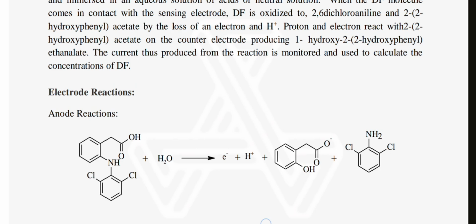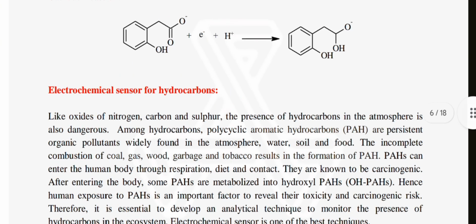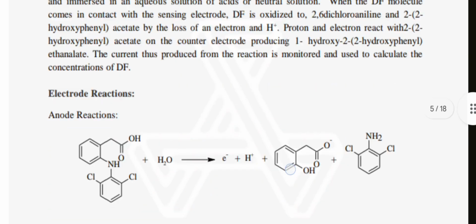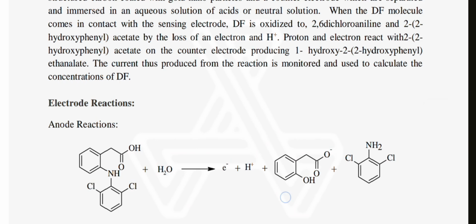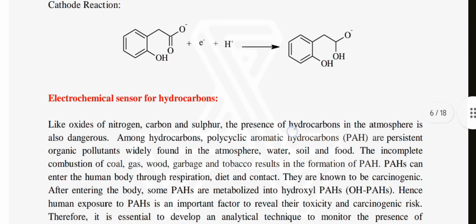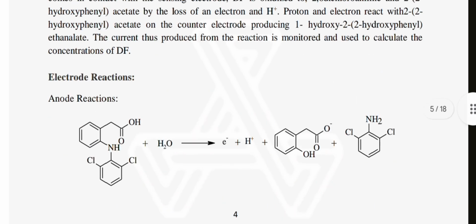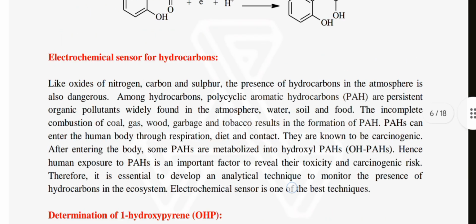You can see the loss of an electron and H plus. Then the cathode reaction: the 2,2-hydroxyphenyl, by the action of the proton, H plus, at the counter electrode, produces 1-hydroxy 2,2-hydroxyphenyl.